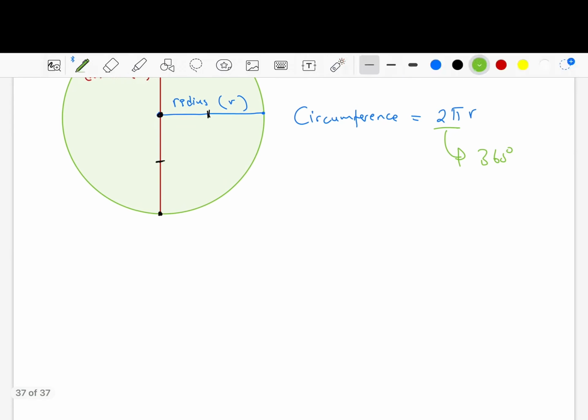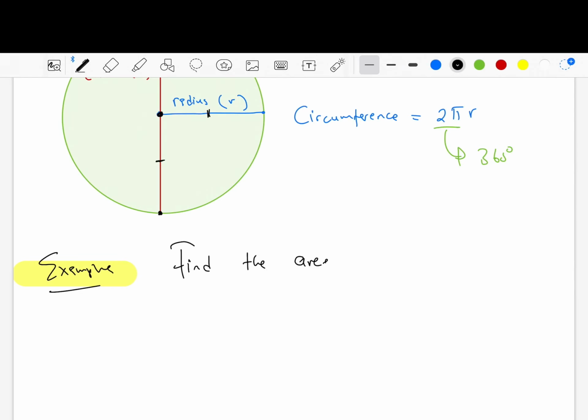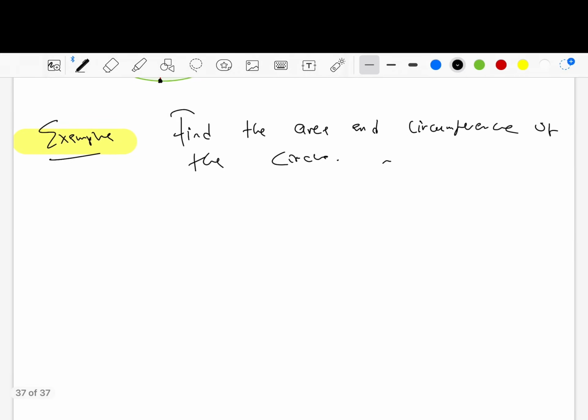Let me give you an example of how to calculate the area and the circumference of a circle. Find the area and circumference of the circle. Let's say you are provided a circle.